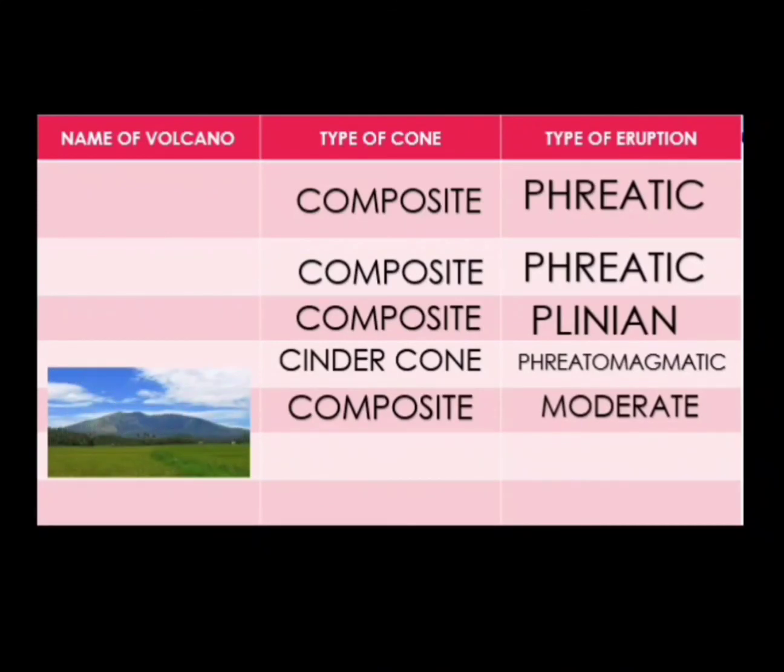Next is the Mount Isarog in Camarines Sur. Very good! It is a composite type of volcano. It has no record of eruption, but could still be active although there is no historic eruption.